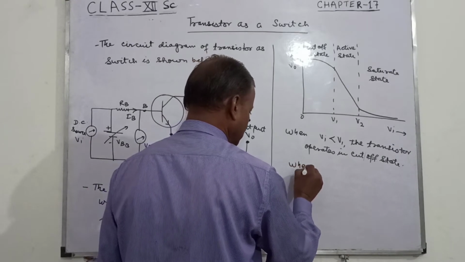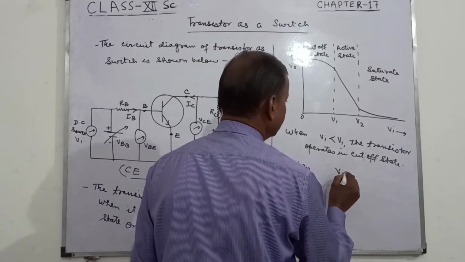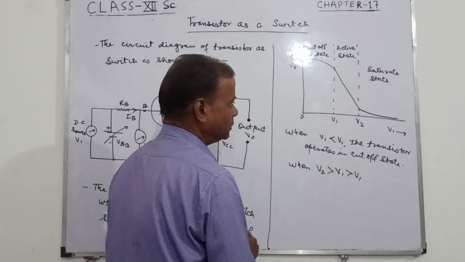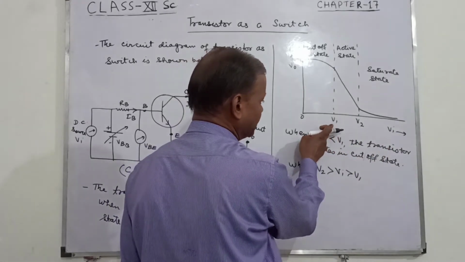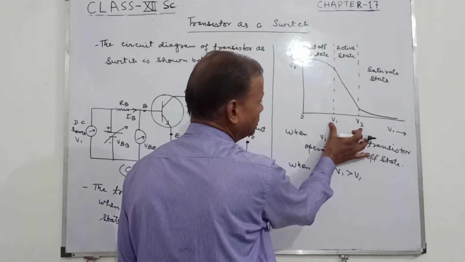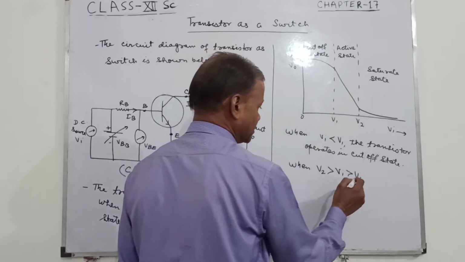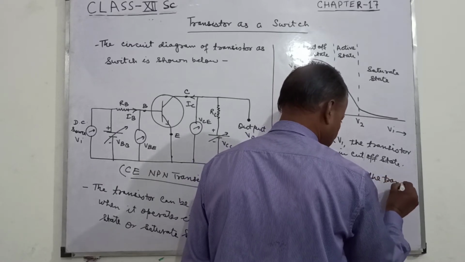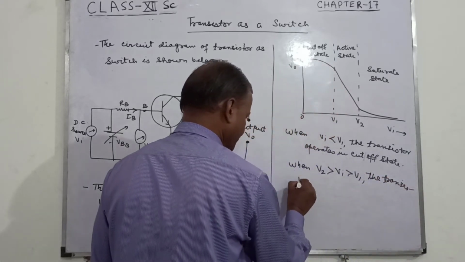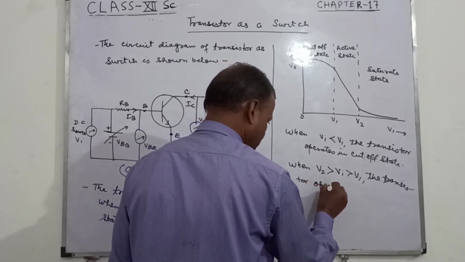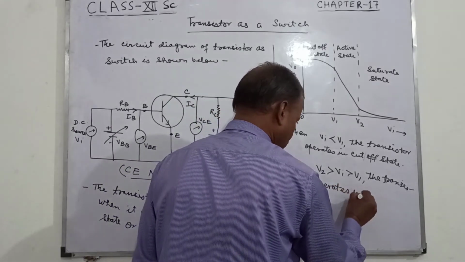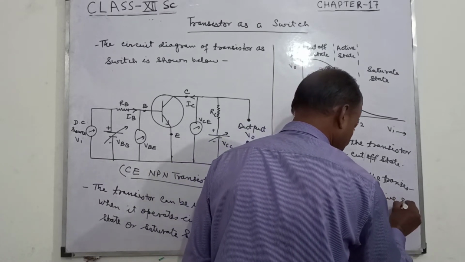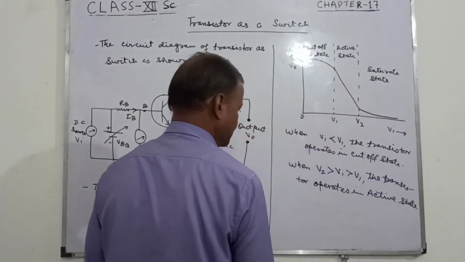And when Vi is greater than V1 but less than V2, the transistor operates in the active state.